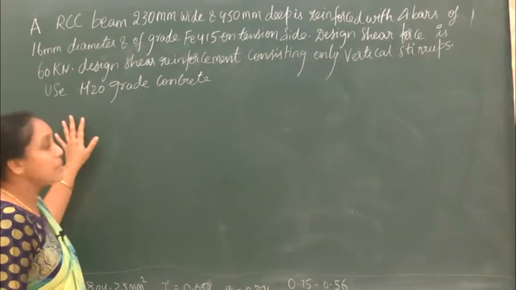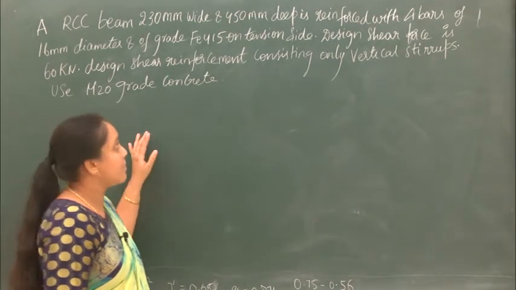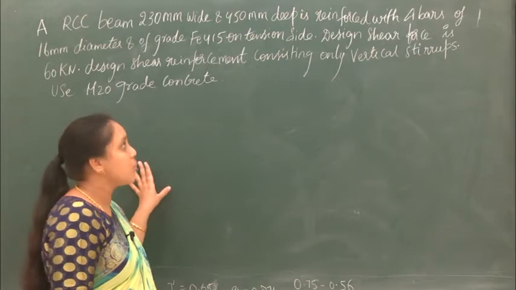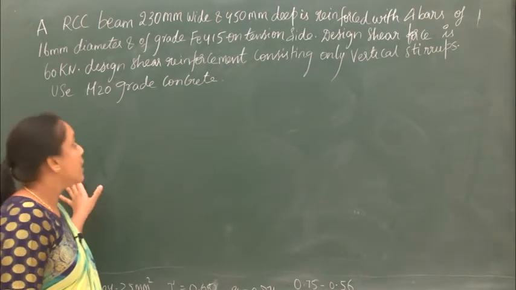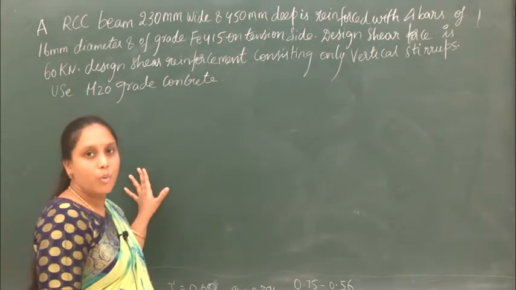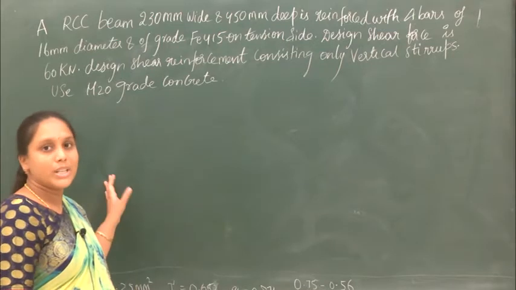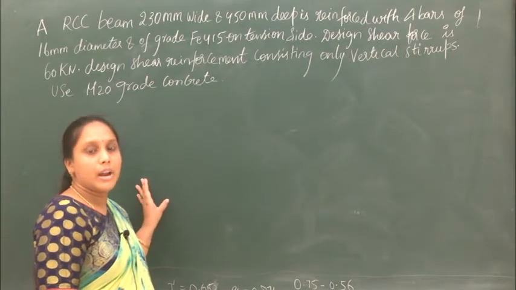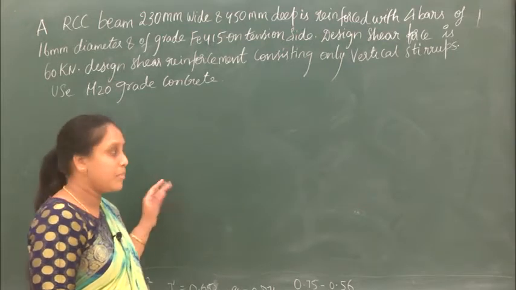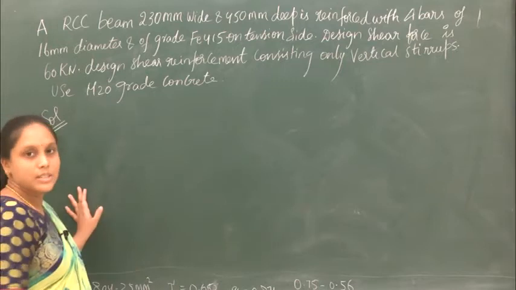What is the question given here? An RCC beam 230 mm wide and 450 mm deep is reinforced with 4 bars of 16 mm diameter and of grade Fe415 on the tension side. So first, let us write down the given data.